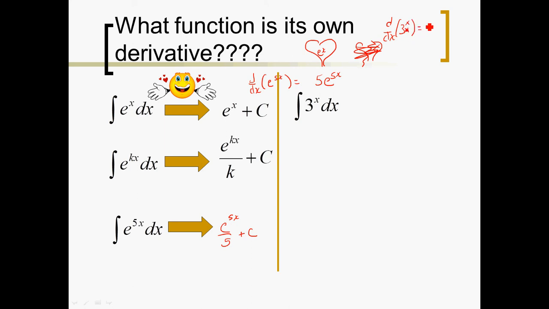It wasn't just 3 to the x, was it? It was 3 to the x times, naturally, the natural log of the base. So what do you think the antiderivative will be?